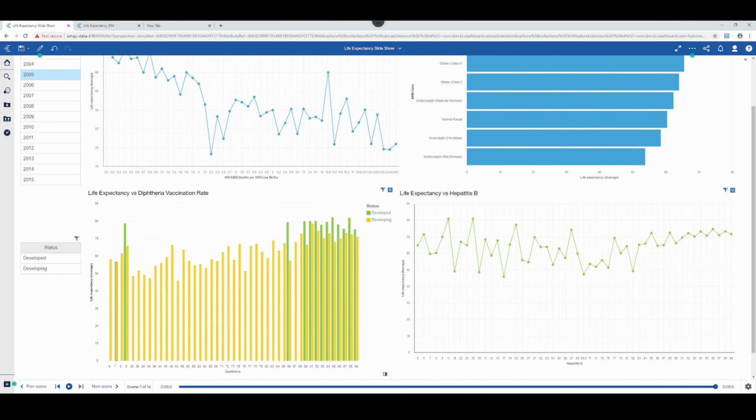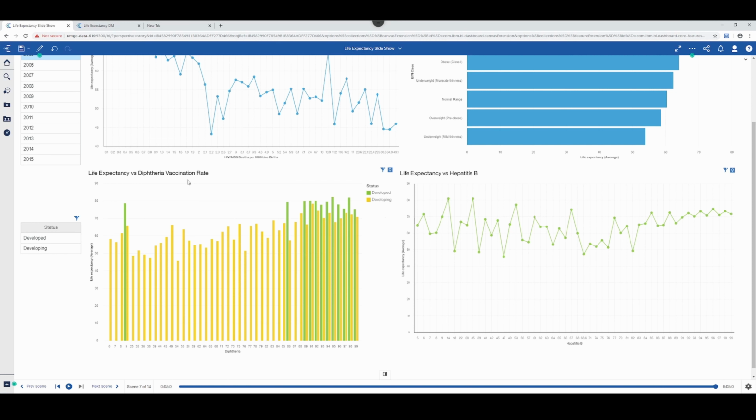Next we have diphtheria vaccination rates, and I think this is pretty much tetanus vaccination. And next we have hepatitis B, and in this case, this is measuring the immunization percentage of 1-year-olds.